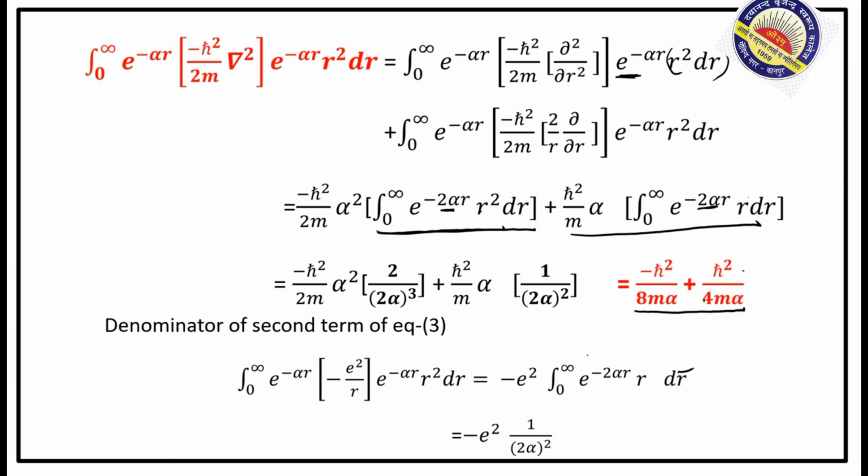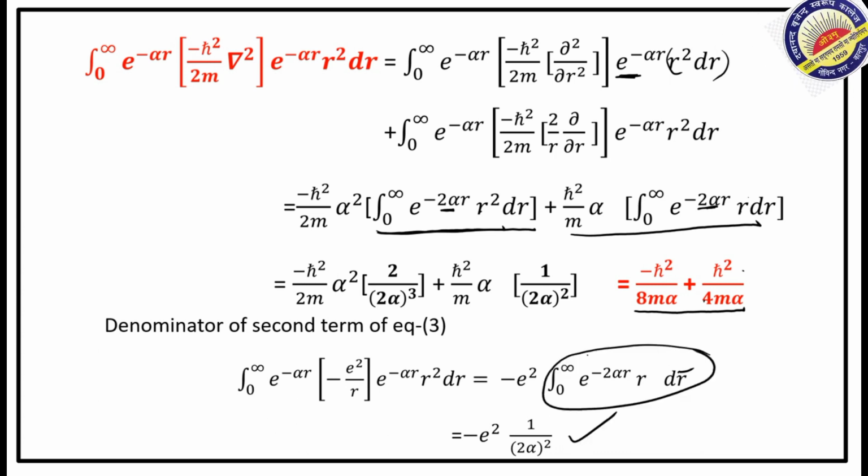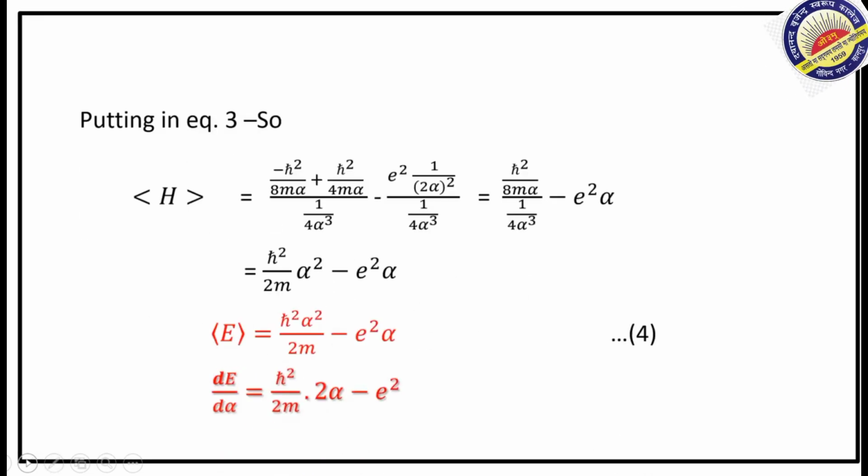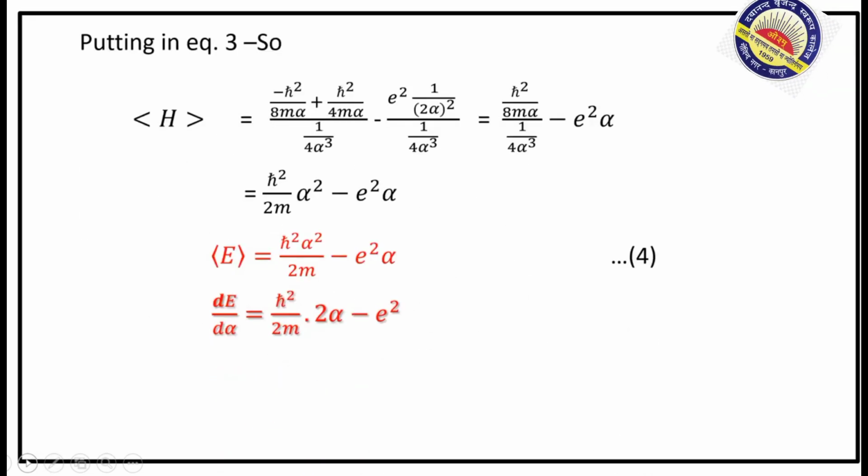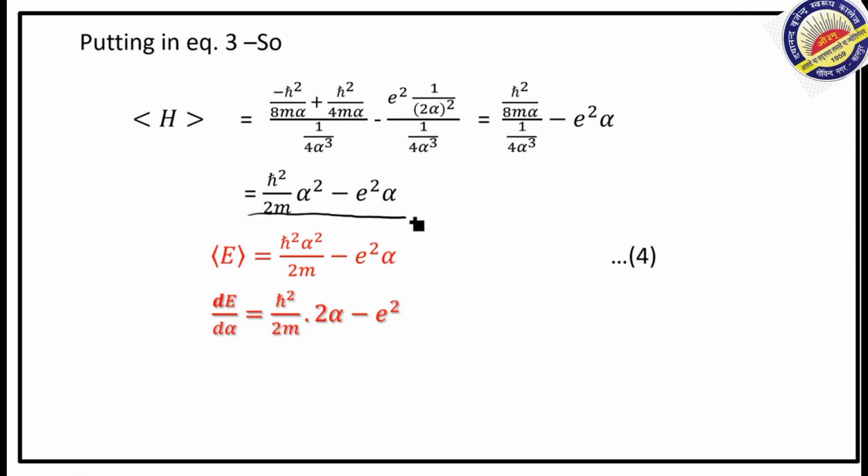Now take the last term, e to the power minus alpha r, minus e squared by r, e to the power minus alpha r, r squared dr. After applying the beta gamma function to this term, you will get this. Now putting in equation number 3 and solving, we will get the expectation value of H equal to this.